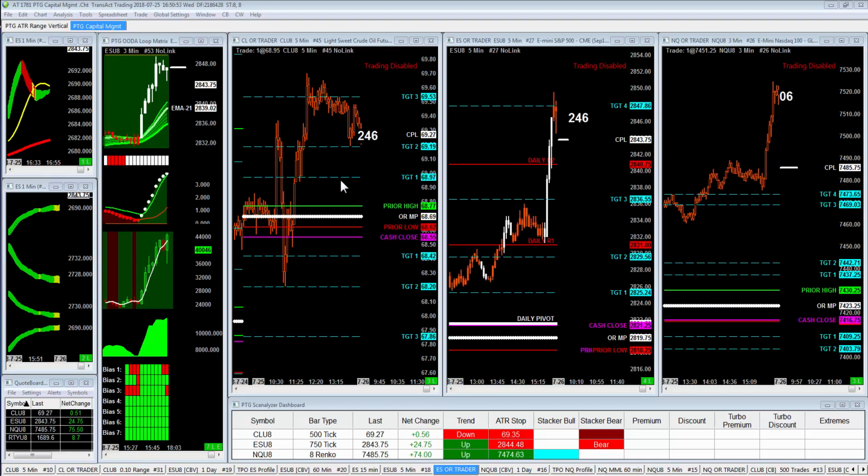Okay, and so these target levels are valid throughout the session. They can be referenced at any time during the session for potential, just like the 10-day ATR would be, to see what upside target potentials are. And each of these targets basically are calculated on a non-correlated basis. So the calculations that we use for targets here are different than the initial balance targets.